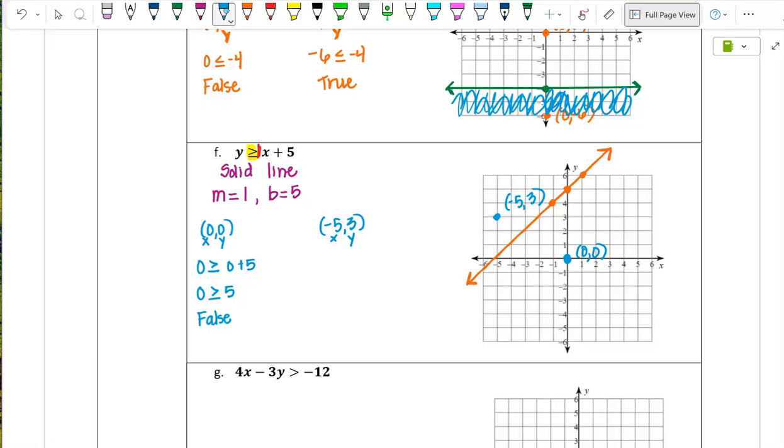And then if I substitute in my second ordered pair, 3 is greater than or equal to -5 plus 5. So 3 is greater than or equal to 0. Is that true or false? That is true. So I want to shade the side of the line that contains -5, 3, which would be this side of my line.